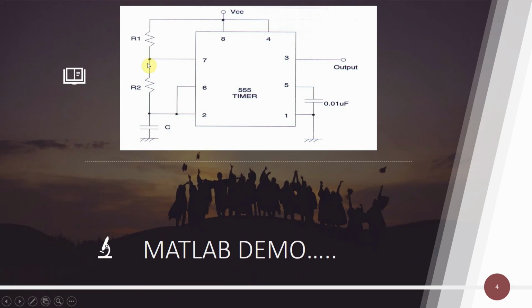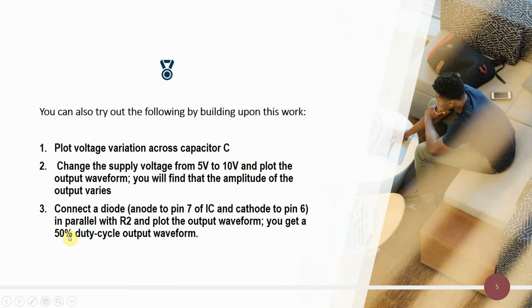That is, the triangular part should be connected to 7 and the line part should be connected to pin number 2, and it will be parallel to the resistor R2. After connecting, if we check the output at pin number 3, we'll get an exact 50% duty cycle, that is, equal time periods for the high pulse and low pulse.